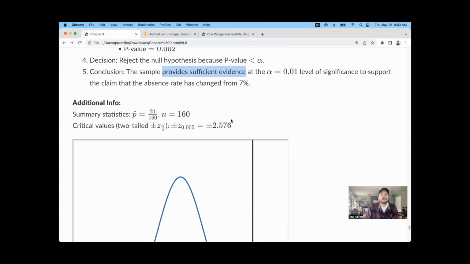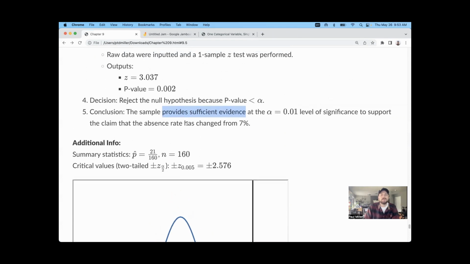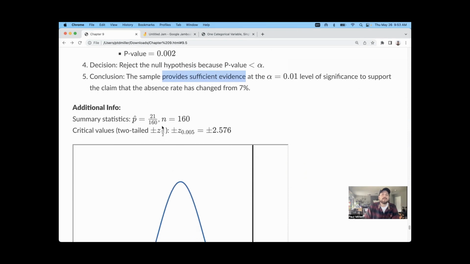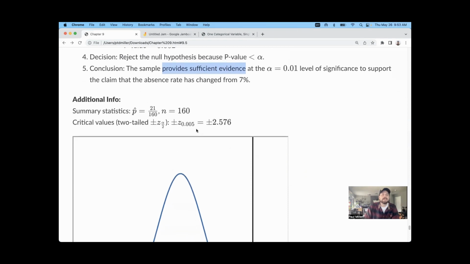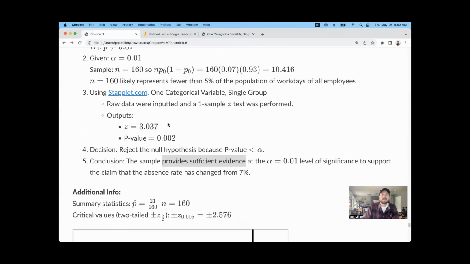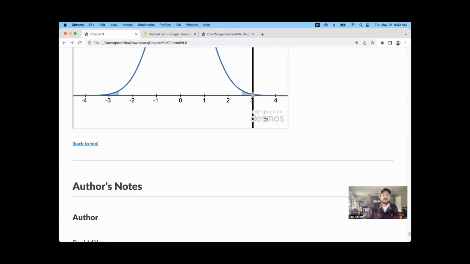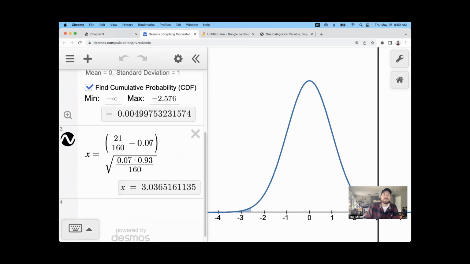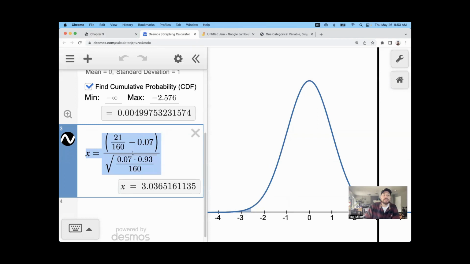Just a note, when you do the formula for this z test statistic, here where I get this 3.03, StatKey will output it with precision. If you want to type that in by hand, that's what the formula looks like. It's p hat minus the null hypothesis p, divided by the standard error.